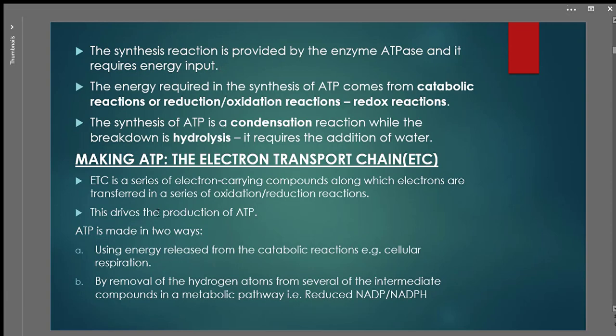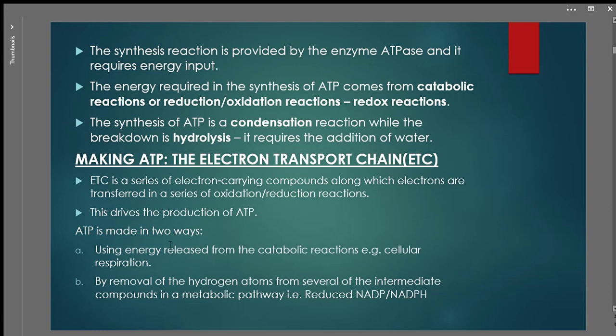That energy is obtained from the energy lost as the electrons move from one electron carrier to another through this series of reactions, which we refer to as the electron transport chain. Now, ATP is made in two ways.